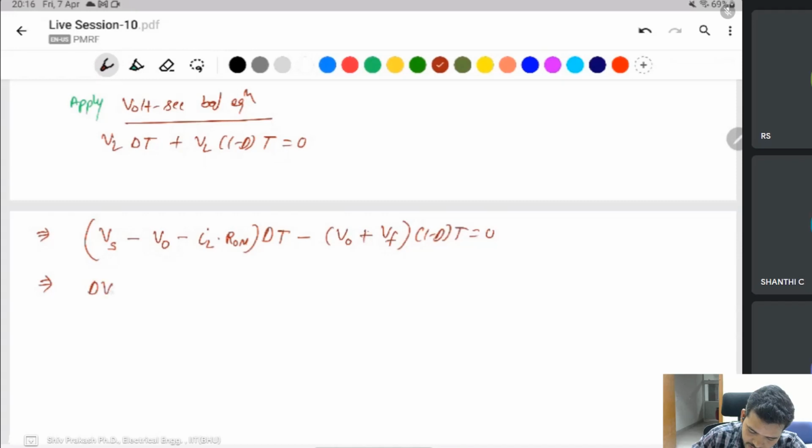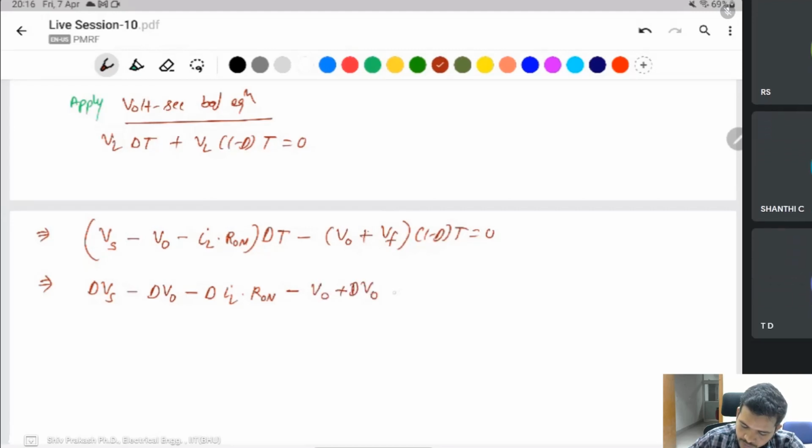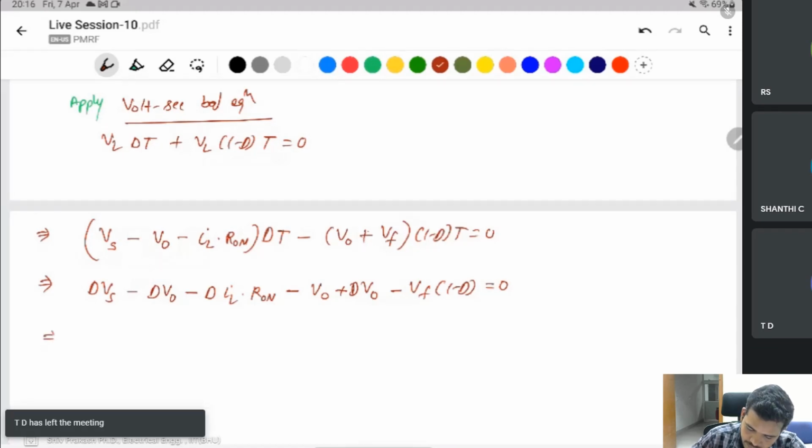So it is dVs minus dV naught minus d IL into R on, minus V naught plus dV naught, minus Vf into 1 minus d. This will be cancelled out.